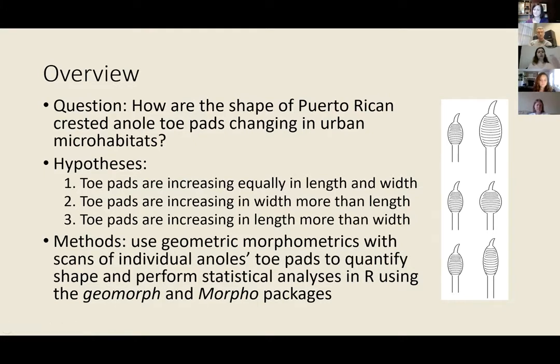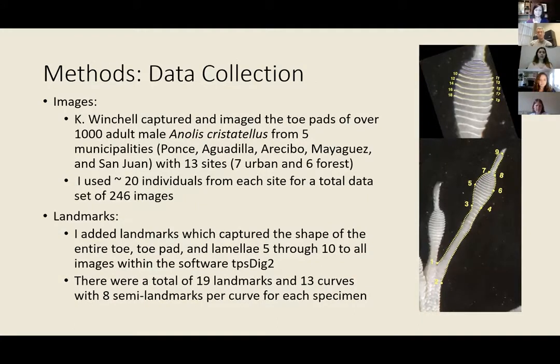And to determine this, I used geometric morphometrics, which is a method that uses landmark data to quantify shape, and I used scans of individual toe pads. And I did statistical analyses in R using the geomorph and Morpho packages, and those are basically just packages that let me work with highly dimensional shape data. So to collect the data, my collaborator, Dr. Kristen Winchell, captured and imaged the toe pads of over 1,000 adult male Anolis cristatellus from 5 municipalities.